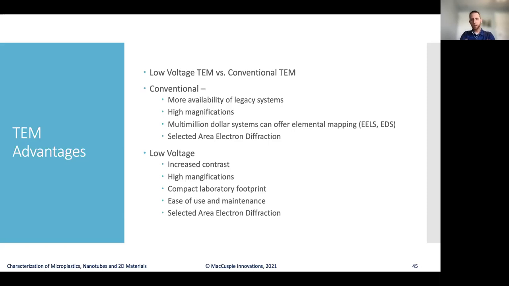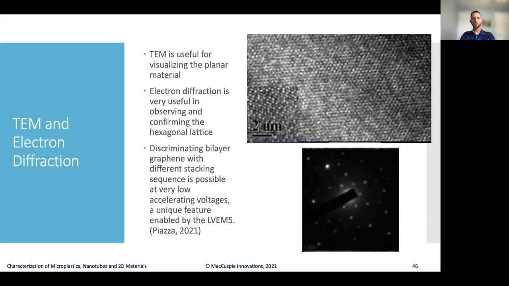While the low voltage TEM systems offer the increased contrast for the low Z materials. They also offer high magnifications, and they have the advantage of a compact laboratory footprint, the ease of use and maintenance with the lower operating costs that are enjoyed with that. And they also can do selected area electron diffraction, which is a very helpful tool with 2D materials.